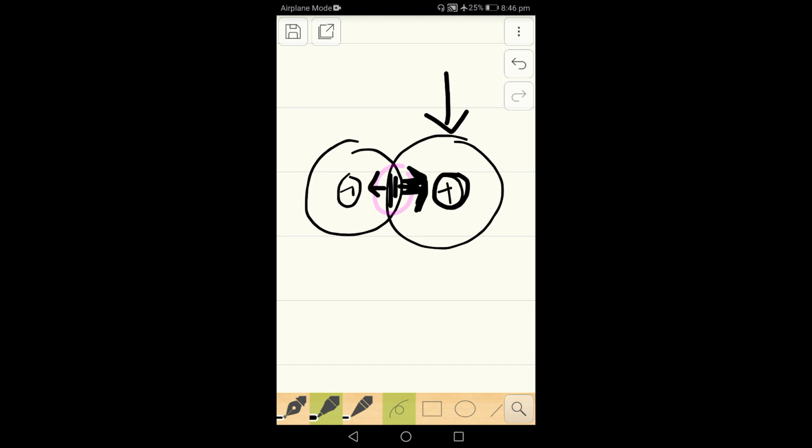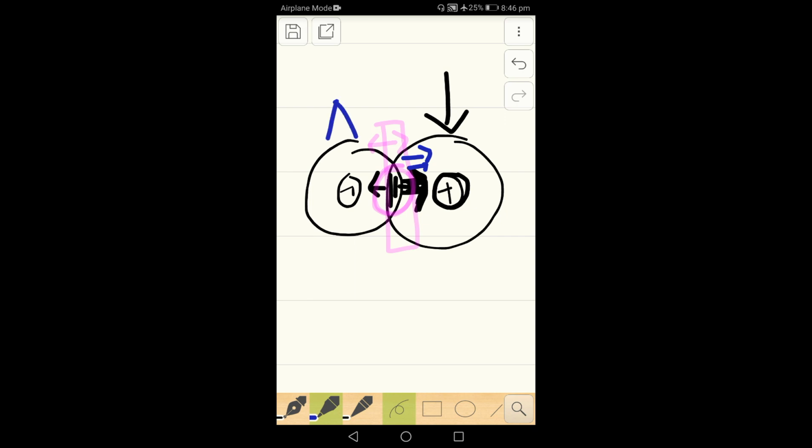So these bonding electrons will still vibrate to and fro, but the vibration will not stay in the middle between the two atoms. Instead it will slightly shift towards this atom.